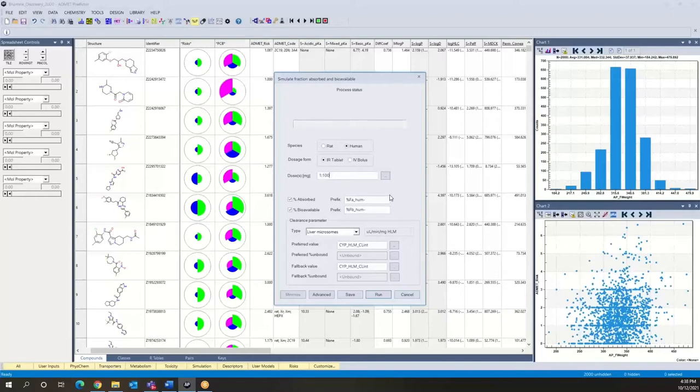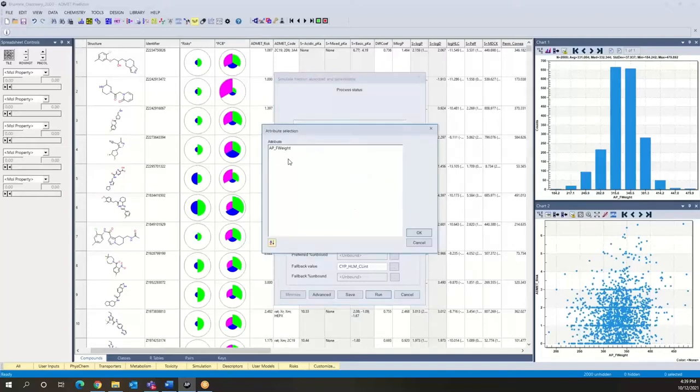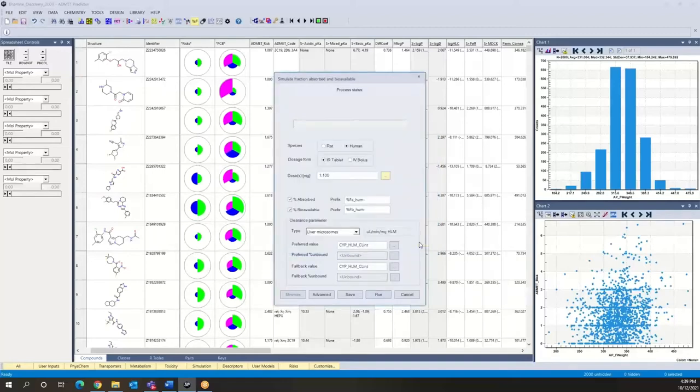The other thing I want to draw your attention to is this side menu here: if you had a column that contained different doses for each compound, you could point the software to this dose column, and the software would run a different dose potentially for each compound. Of course, we don't have such a column here. That's a pretty useful option.